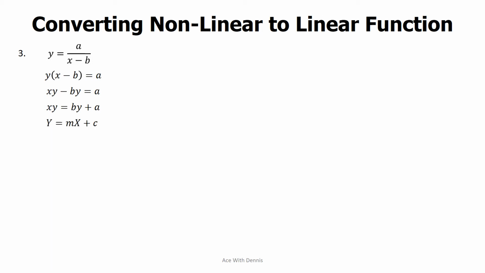Capital Y equals m capital X plus c, where we can let capital Y equals xy, the gradient m equals b, capital X equals y, so c equals a. When you plot the graph, the x-axis will be y, the y-axis will be xy, and this is the straight line.